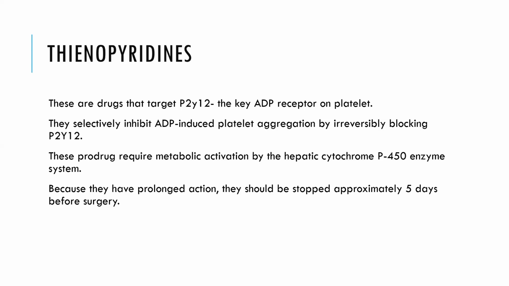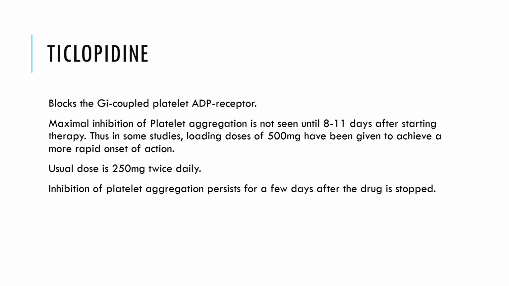And most of them are prodrugs, and by that, it means that they need metabolic activation to the active form. That is done by the cytochrome P450 system. Most of them have a prolonged action, and when the patient is on them and you want to do surgery, you want to stop them about 5 to 7 days before surgery.